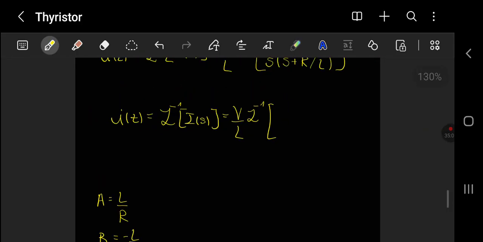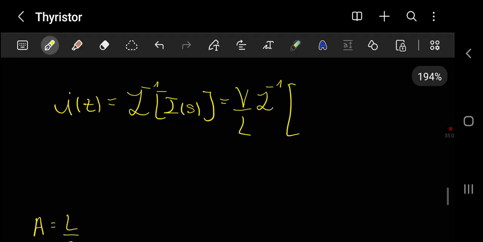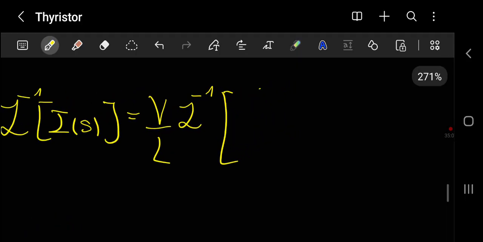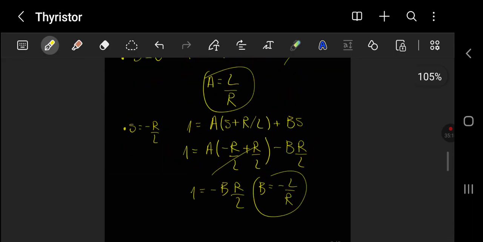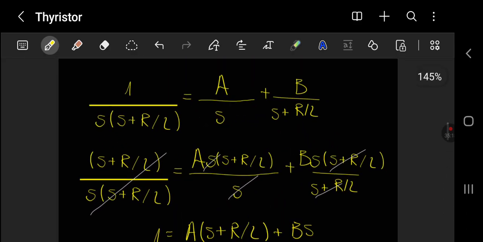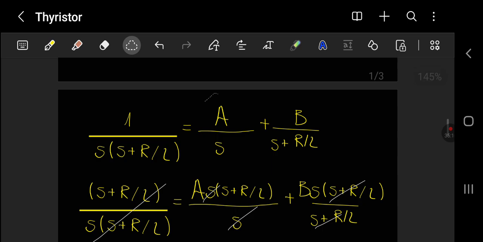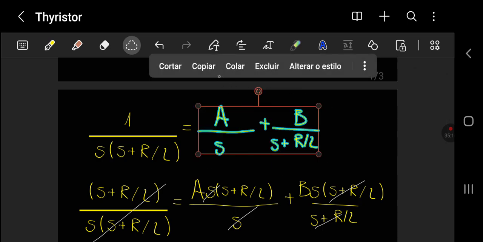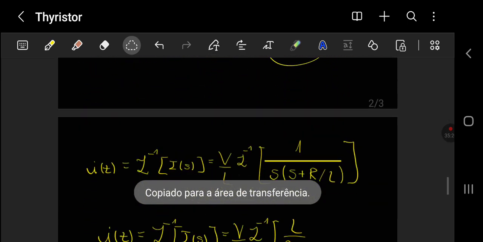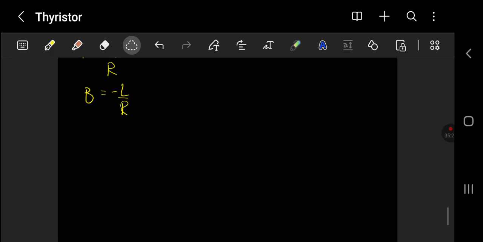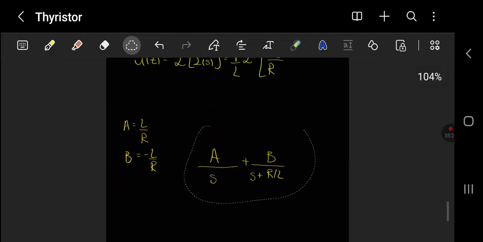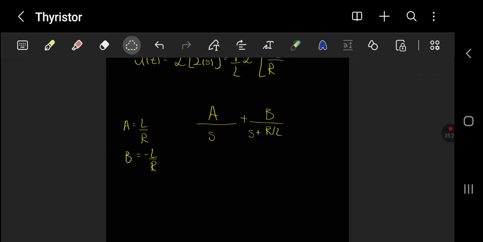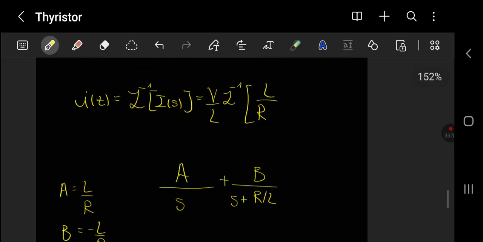And now, is this partial. Let's use it as a reference.